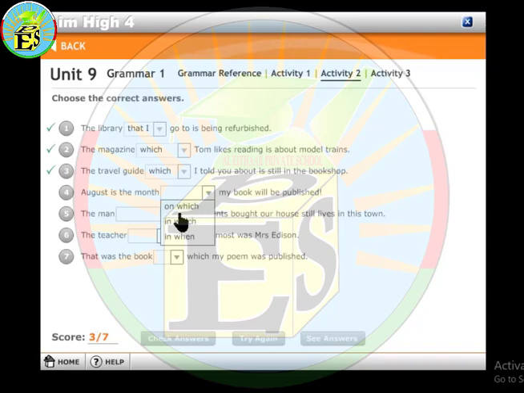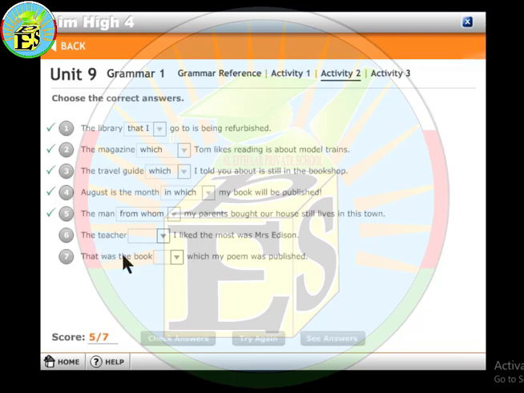Four. August is the month space my book will be published. On which, in which, in when. In which. Correct. The man space my parents bought our house still lives in this town. The man from whom, who, that. From whom my parents. Check. Six.